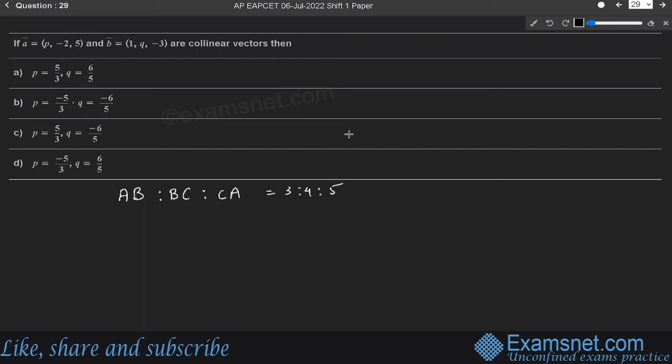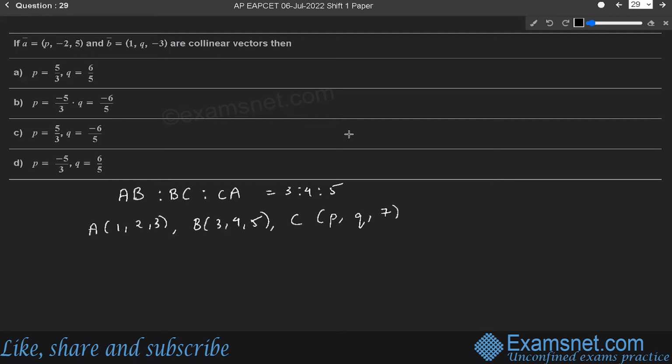It is given that A vector is P minus 2 and 5 and B vector is 1, Q and minus 3. So the points will be A 1, 2, 3, B 3, 4, 5 and C P, Q and 7. And it is given that they are collinear. Now we have to find the value for P and Q.